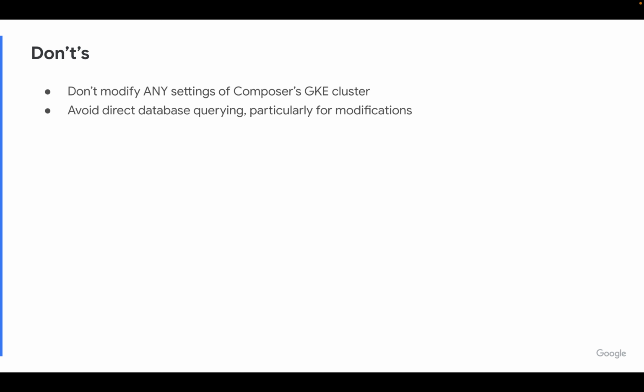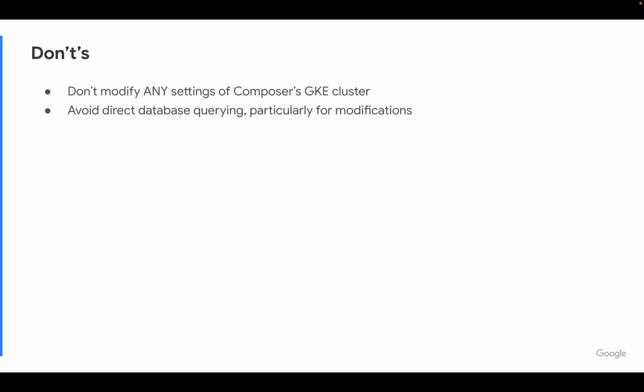In terms of don'ts, there are two things I'd like to call out that if you don't do, you're going to put yourself in a slightly better position from supportability or stability perspective. So first of all, please do not modify any settings of Composer's GKE clusters, even though those clusters are available directly in your projects. And from an ownership perspective, they belong to you and you have a chance to modify their settings.